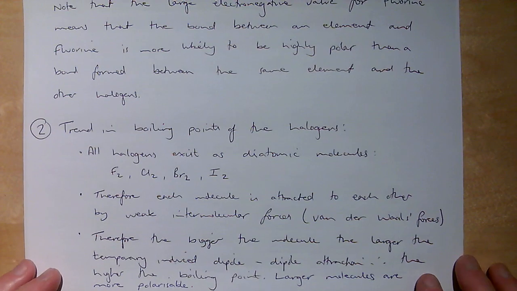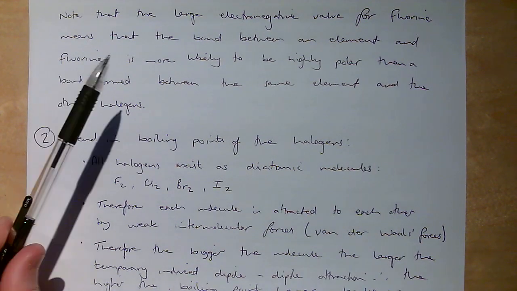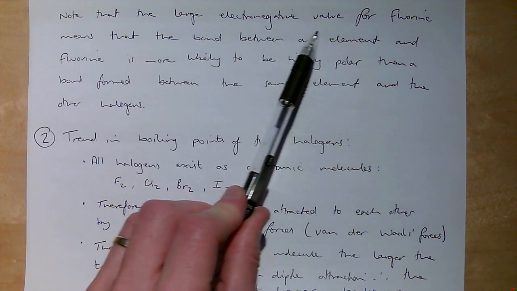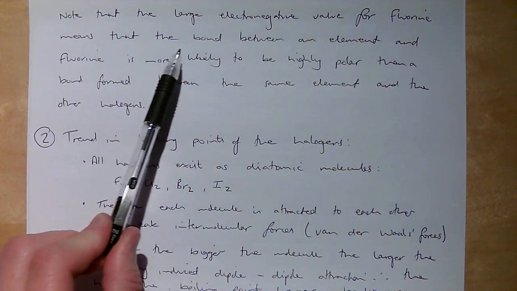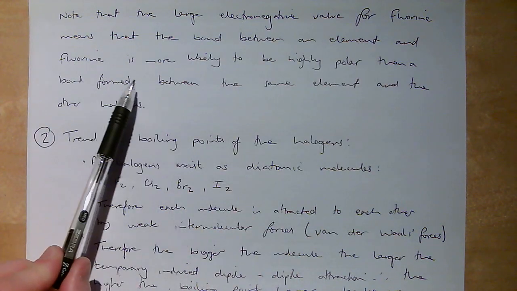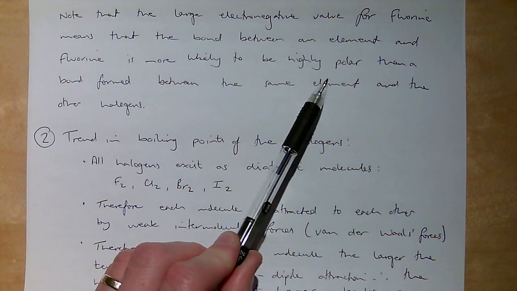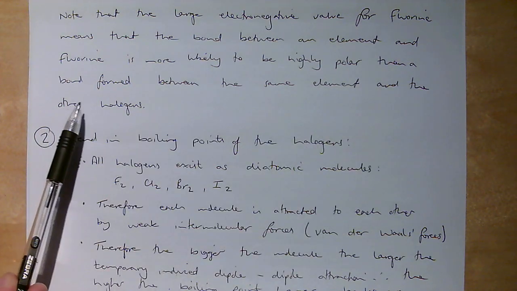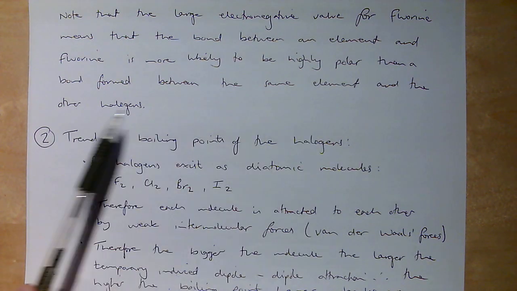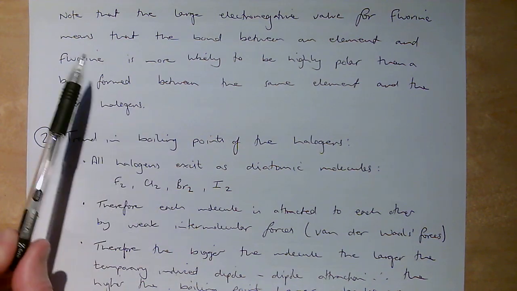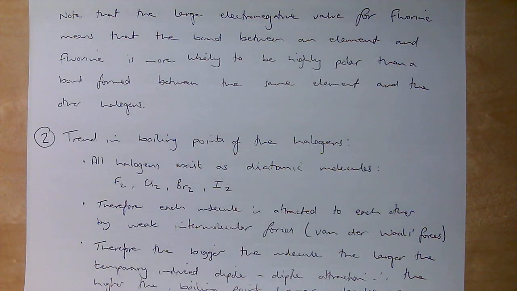Something else that's worth noting here is that the large electronegativity value for fluorine means that the bond between an element and fluorine is more likely to be highly polar than a bond formed between the same element and the other halogens. Basically, fluorine is very electronegative, so other atoms bonded to fluorine tend to have a big dipole across the covalent bond.